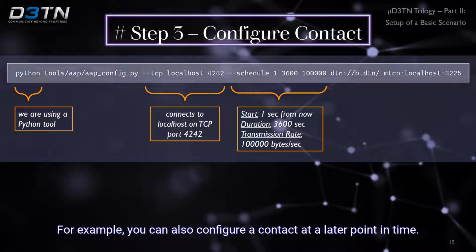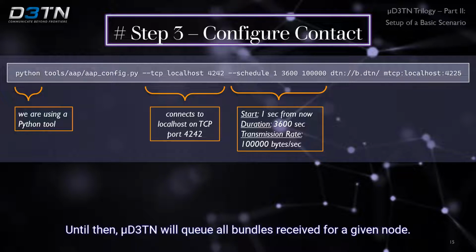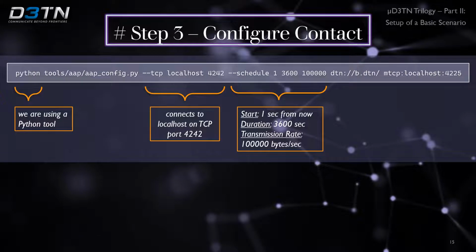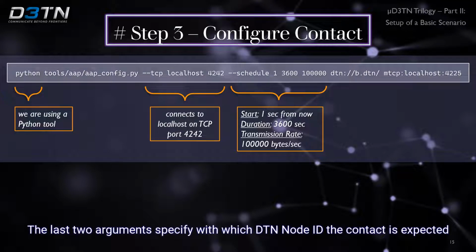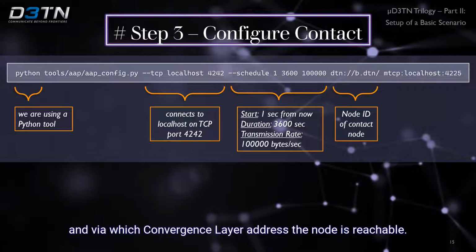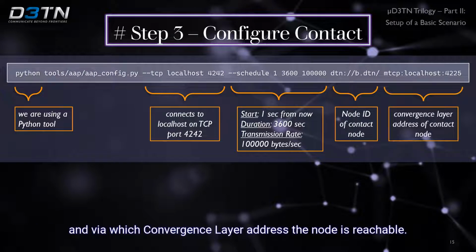For example, you can also configure a contact at a later point in time. Until then, µD3TN will queue all bundles received for a given node. The last two arguments specify with which DTN node ID the contact is expected and via which convergence layer address the node is reachable.